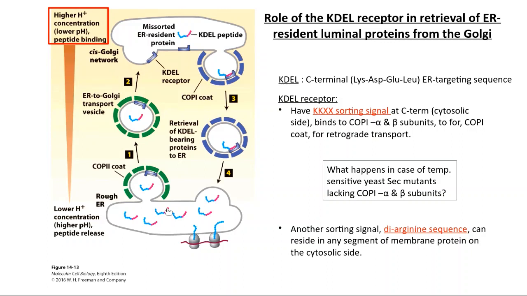What can we do? We can just add the KDEL sequence at the C terminus end of that specific protein that we need to localize in the ER compartment. That's it. So it is a pretty intelligent system in itself, that if something escapes, it will come back.